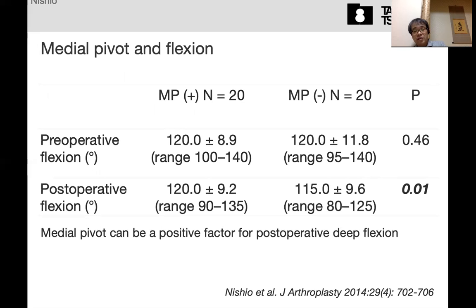So another solution to get deeper flexion is the medial pivot. Medial pivot means the medial side is stable, moving around 1 or 2 millimeters throughout the motion, and the lateral side goes back greatly, approximately 2 centimeters. So this study compared two types of knees.